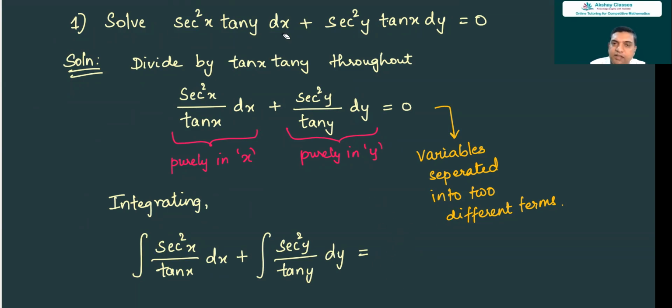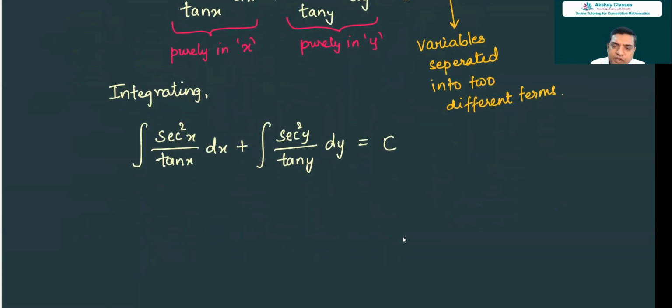You can omit that, or integral of 0 can be a constant, no matter with what it is integrated. Leave that at that. Now, integral of secant square x upon tan x is log mod tan x, right? Because this is f dash x by f of x form. So log mod tan x, and this is log mod tan y is equal to some c.